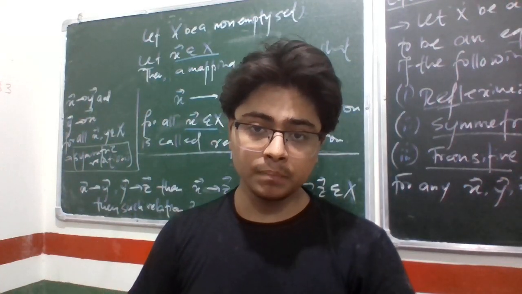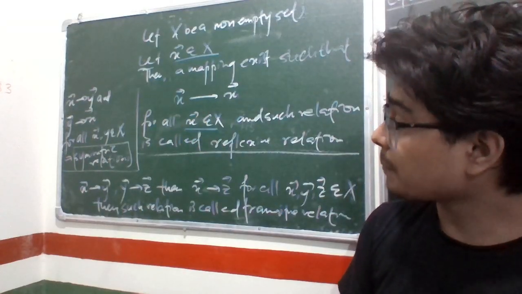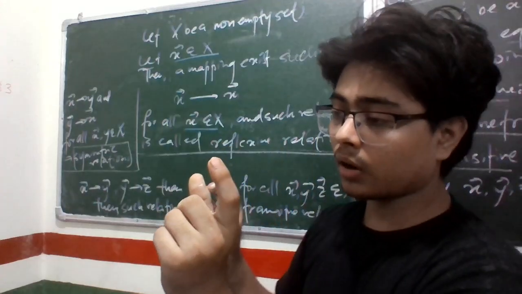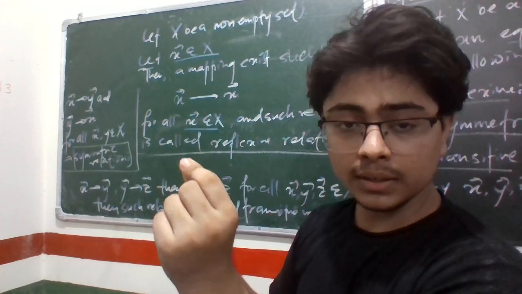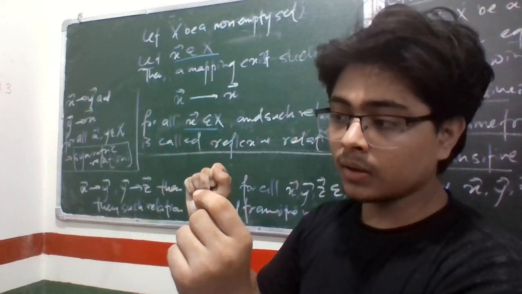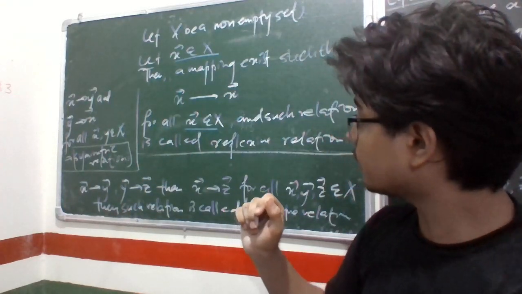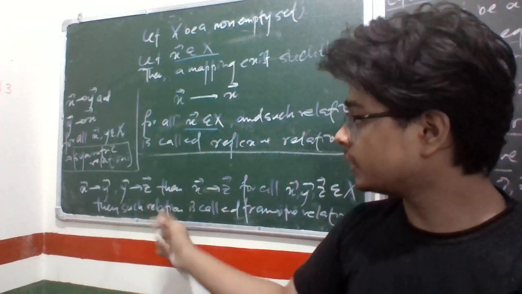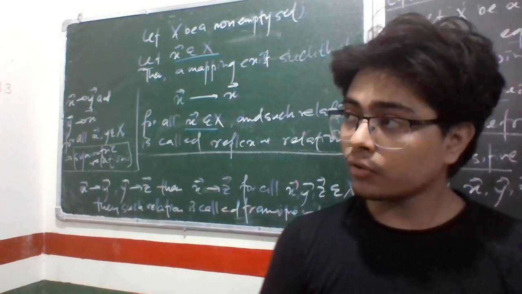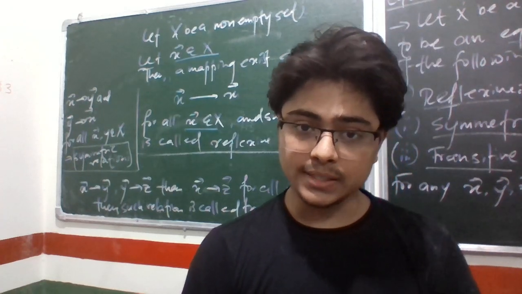Among them, the relation where one of the vectors inside the non-empty set maps to itself is said to be the reflexive relation, and similarly the other ones. So these are just the definitions of the different kinds of relations that may exist.